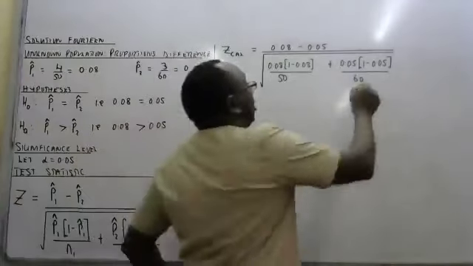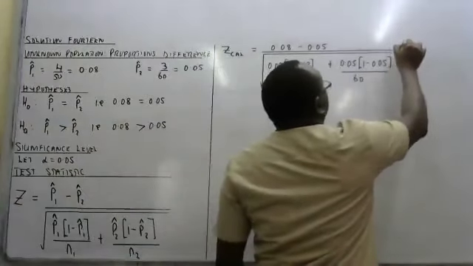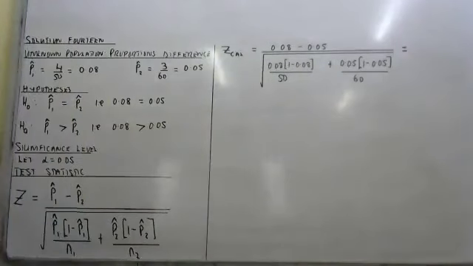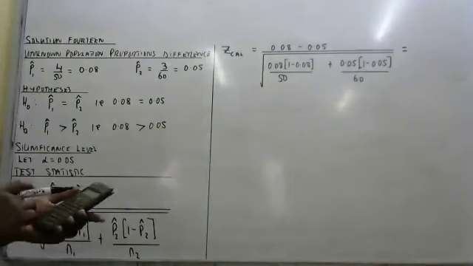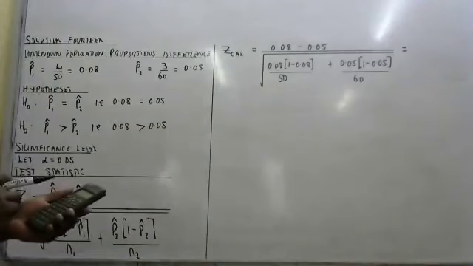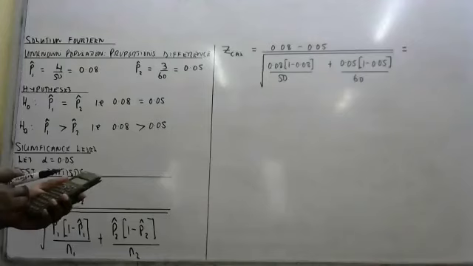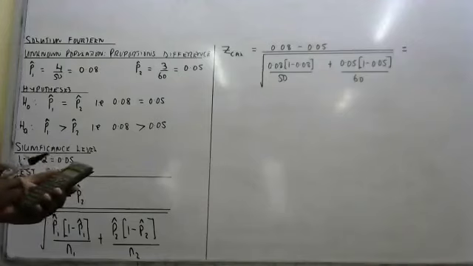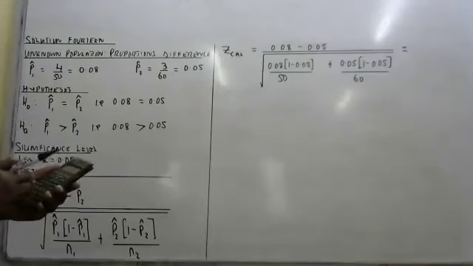So we now come to look for the answer. 0.08 times 0.92, divided by 50, plus 0.05 times 0.95, divided by 60.